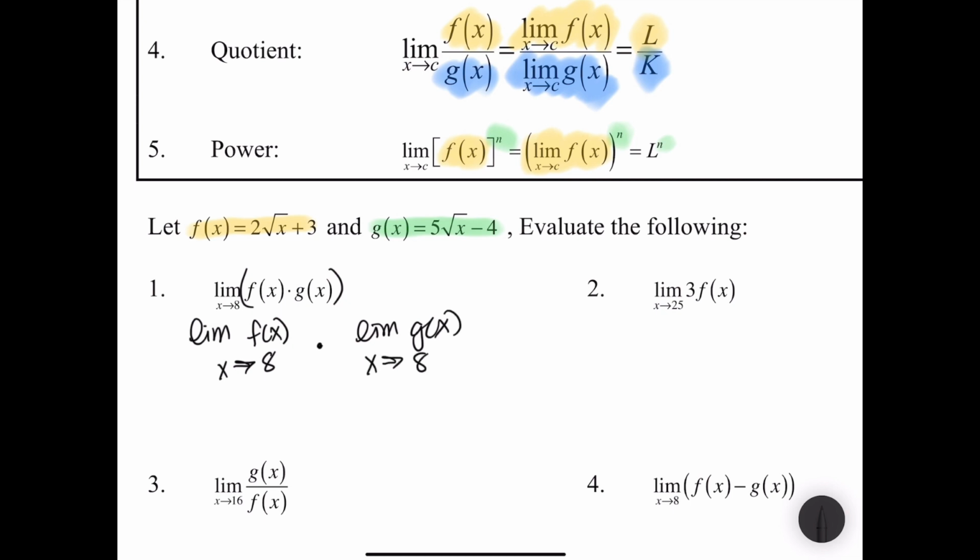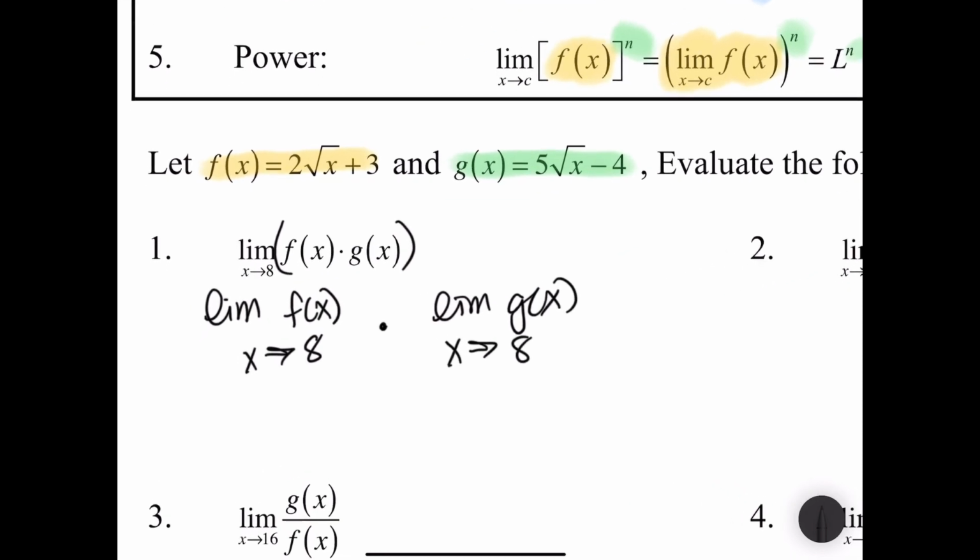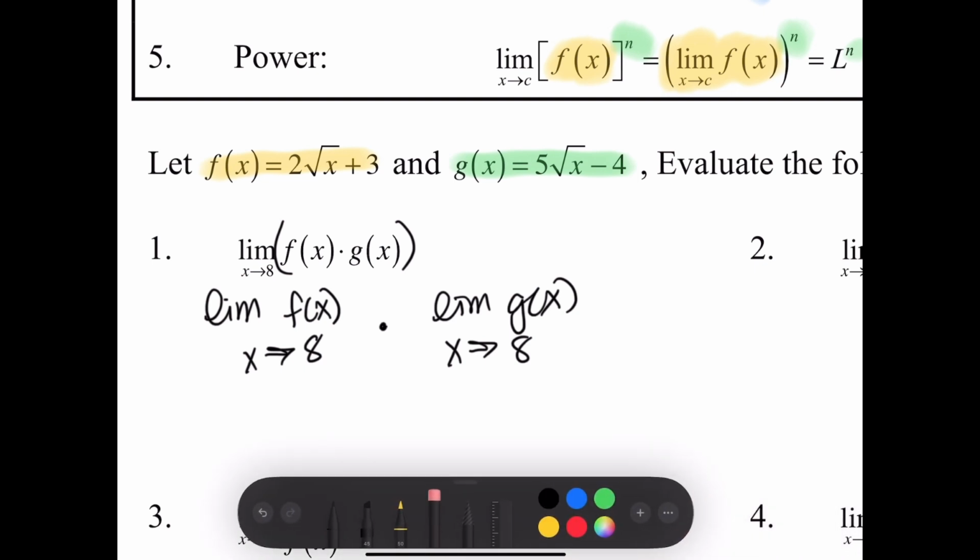Okay, now the limit of f of x, what's nice is that I know this equation already. For f of x, my equation is 2 radical x plus 3. And for g of x, my equation here is 5 radical x minus 4. And so to find the limit, I just need to substitute 8 in for x.